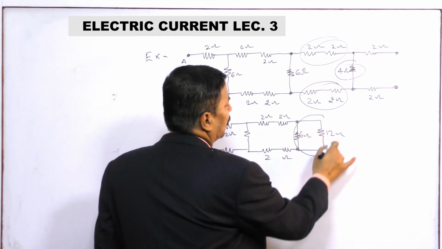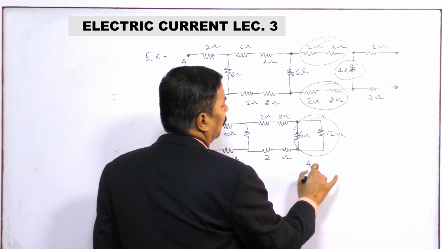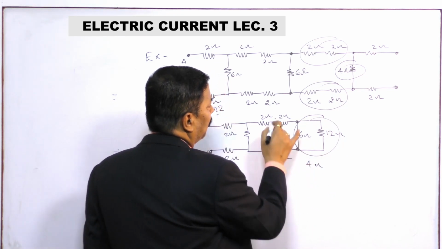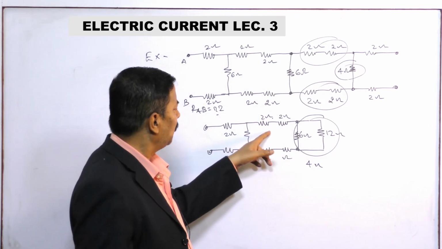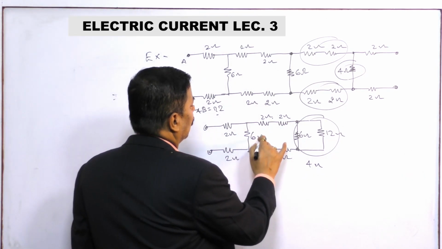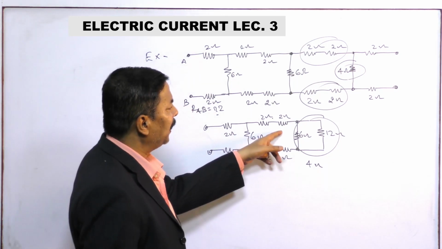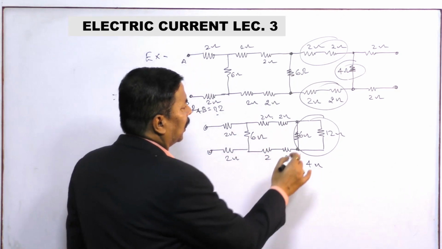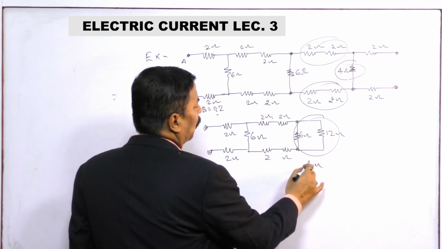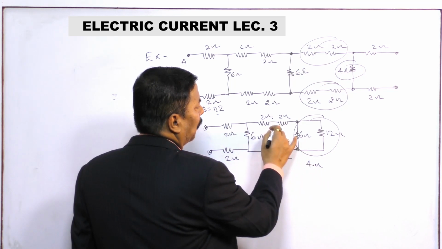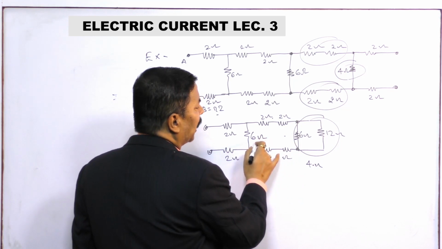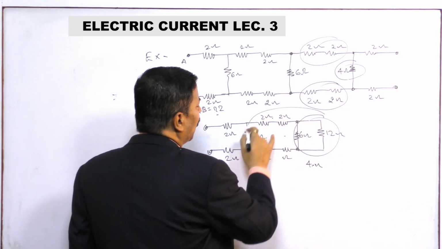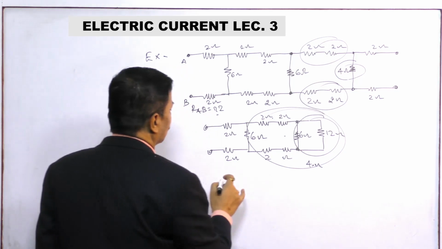So this will be replaced by 4 ohm, and this 4 ohm, this 4 ohm, this 4 ohm are in series. So 12, and here again 6. So this can be represented: this is your 4 ohm, 4 ohm, 4 ohm, and 4 ohm, 12 ohm, 12 and 6, again you are getting 4 ohm. So this whole can be represented by a 4 ohm resistor.